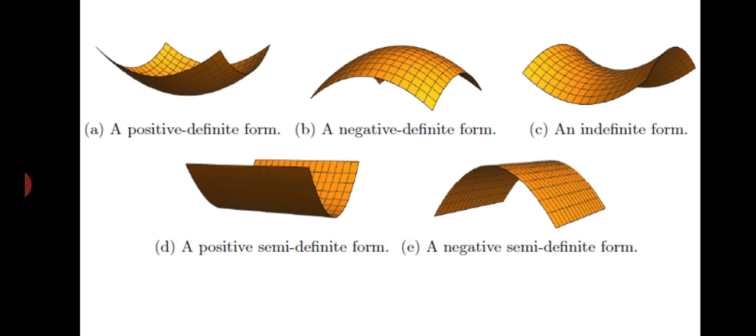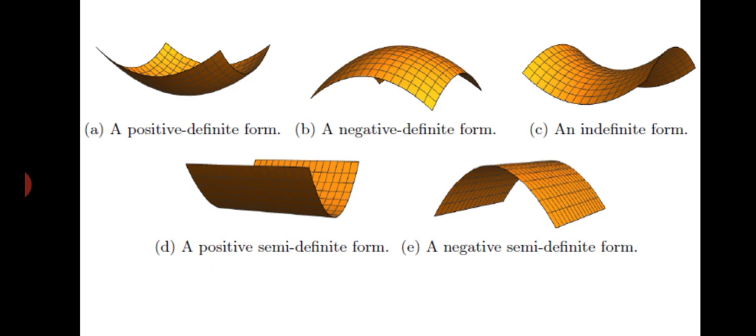In the second picture, B, the property is that Q(x) is less than 0 for all non-zero vectors x, where x is a vector. These two, A and B, we say are positive definite and negative definite respectively.